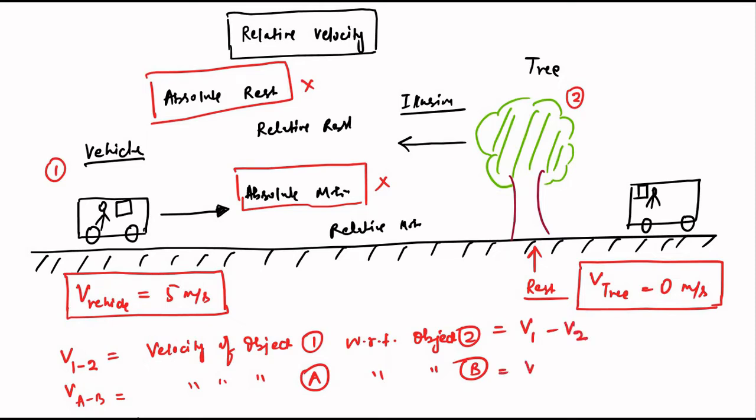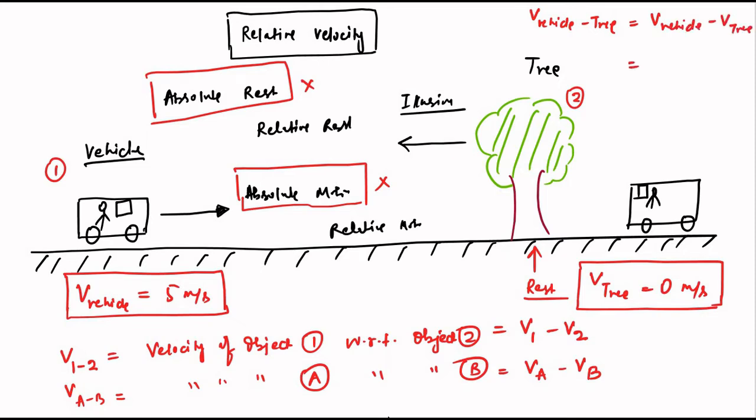Here it is velocity of object A minus velocity of object B, like this. So here, the relative velocity of the vehicle with respect to the tree will be velocity of vehicle minus velocity of tree.